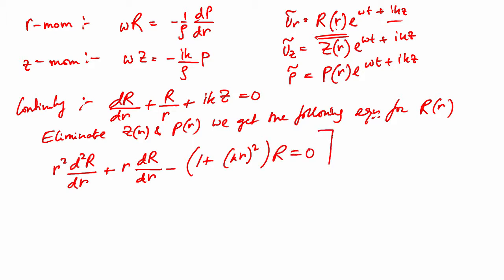Now, this one is your governing equation. Basically this equation comes from the continuity equation, where the pressure amplitude and the amplitude of u z have been replaced using the momentum equations.